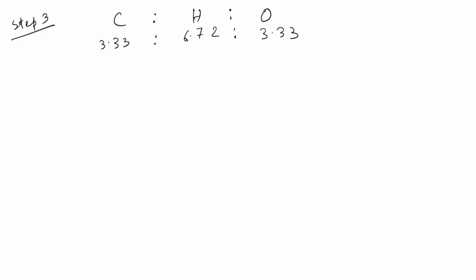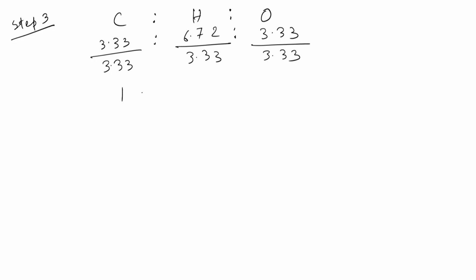Okay. Now what we have to do? In step 3, we have to find out the ratios. So C is to H is to O. So 3.33, 6.72, 3.33. We divide them. Okay.